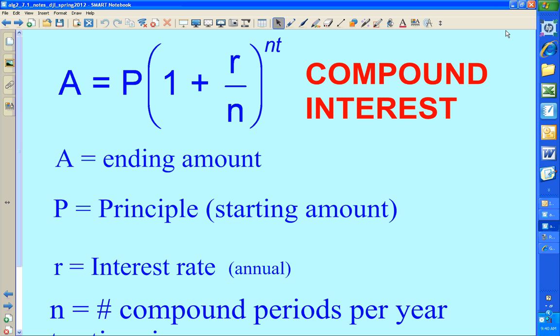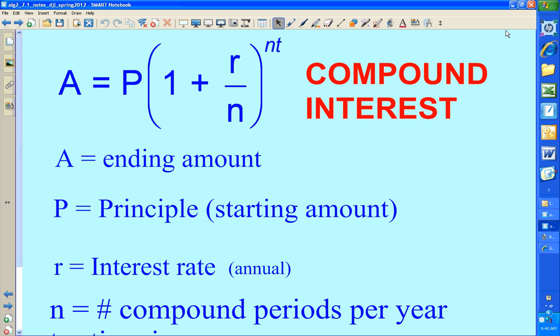A is your ending amount, P is your starting amount, which is the same as y equals AB to the x, where your initial value is right here in the P spot. This is the growth factor, 1 plus R over N. Remember, R is annual interest rate.